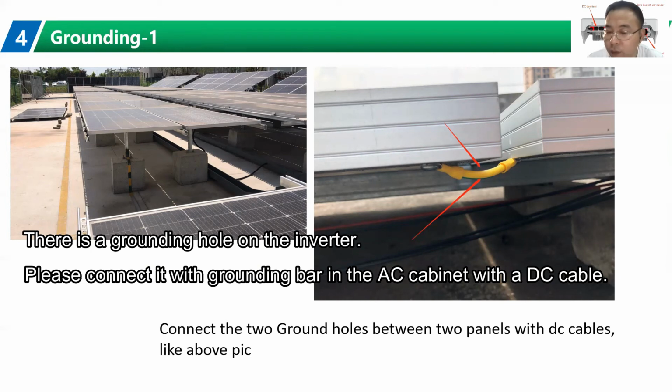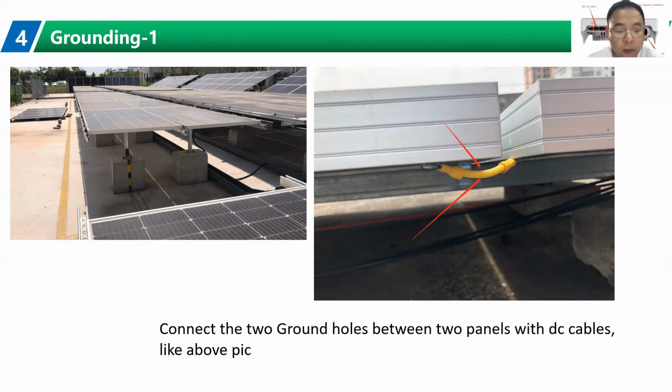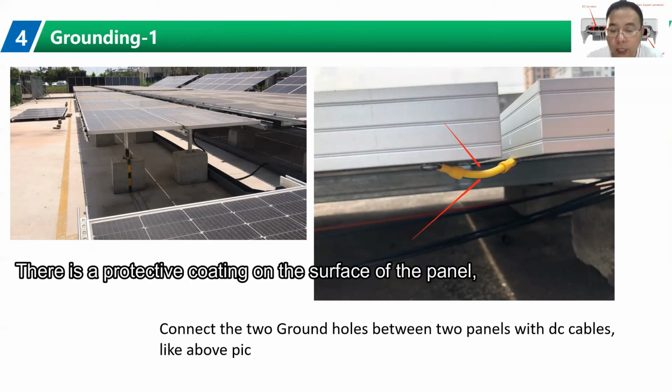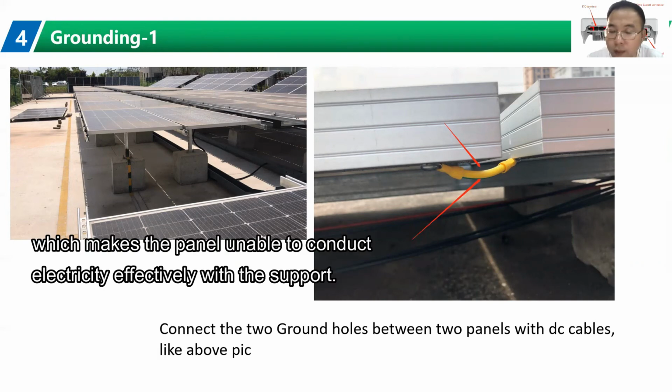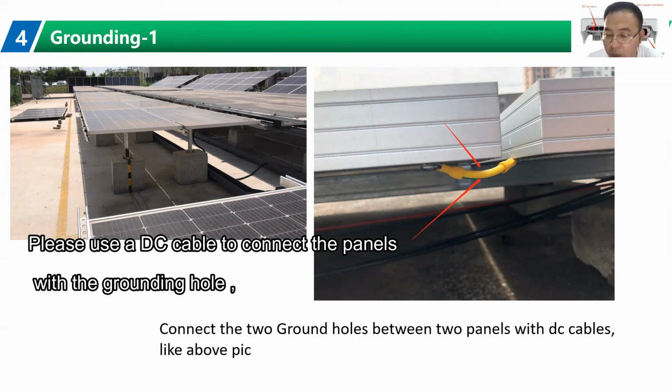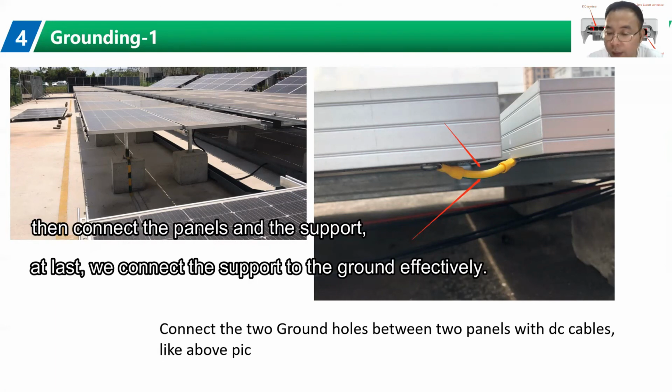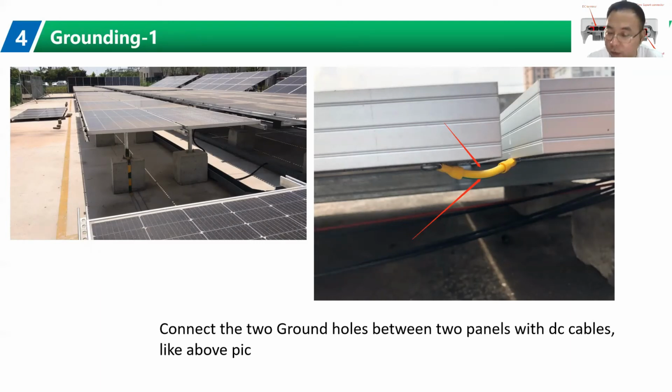Please connect it with the grounding bar in the AC cabinet with a DC cable. There is a protective coating on the surface of the panel, which makes the panel unable to conduct electricity effectively with the supports. Please use a DC cable to connect the panels with the grounding hole, then connect the panels and the supports. At last, we connect the supports to ground effectively.